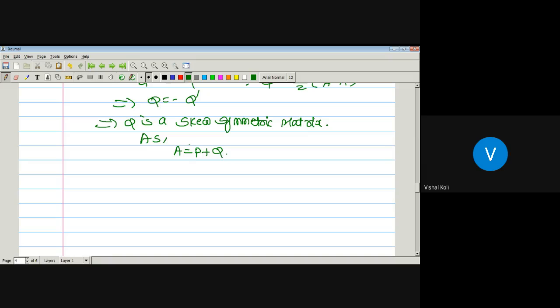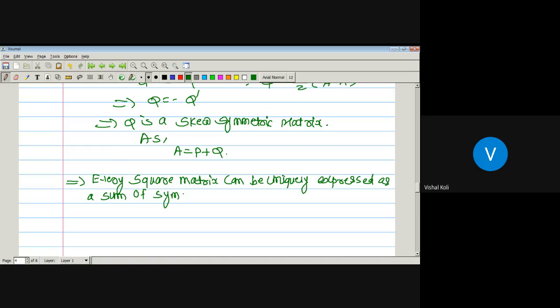So the result holds for any square matrix, which implies every square matrix can be uniquely expressed as a sum of a symmetric matrix P and a skew symmetric matrix Q.